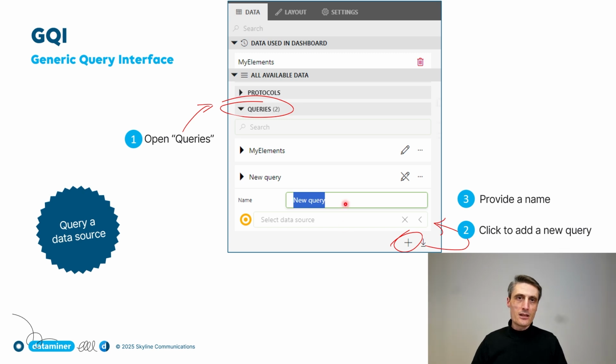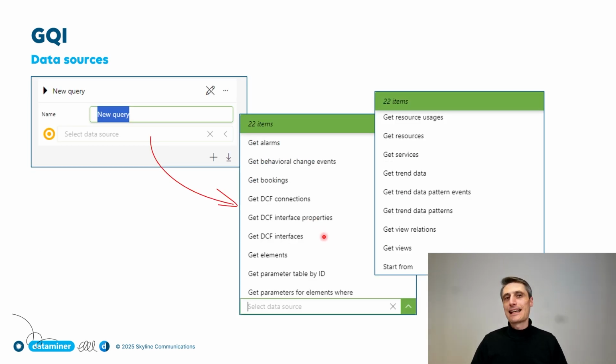So first things first, when we are going to the queries, you will need to add a new query. You need to click on the plus sign to create a new query, and you need to specify a name for your query. Once you provided a name, you can select a data source, and in terms of data sources, we can have a lot of different things to query on, or kind of like tables, you could say, within a DataMiner system.